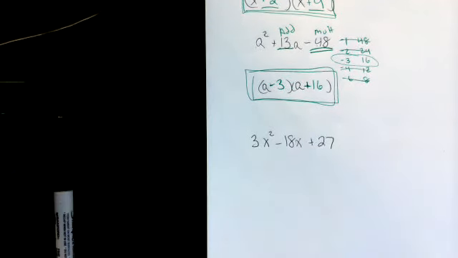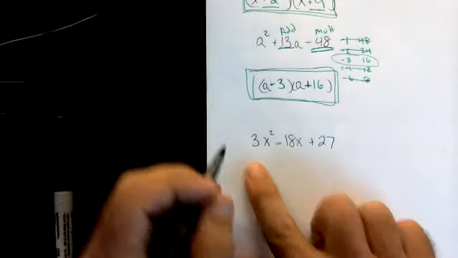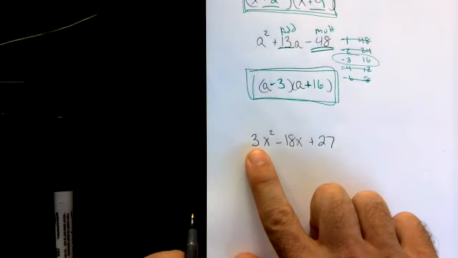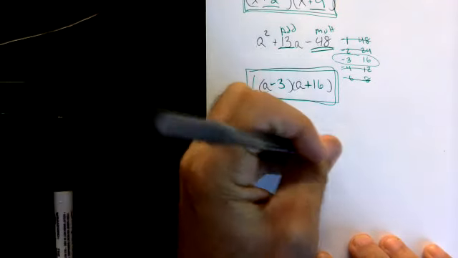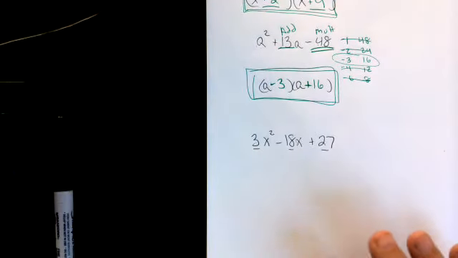We do have a number in front of our x squared, but if you look at this problem, what do these all have in common? What can I divide out?